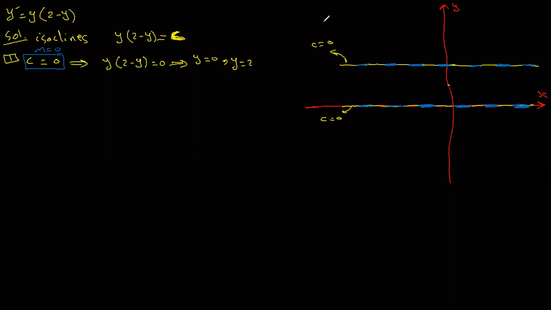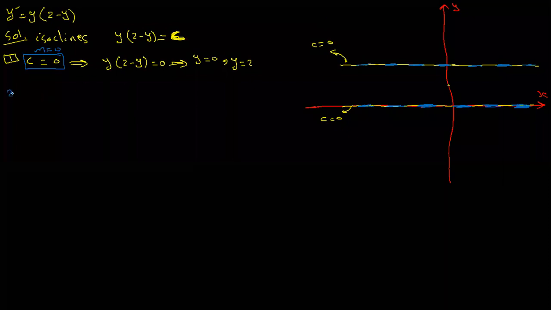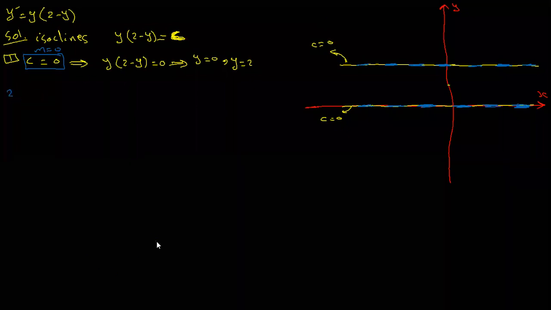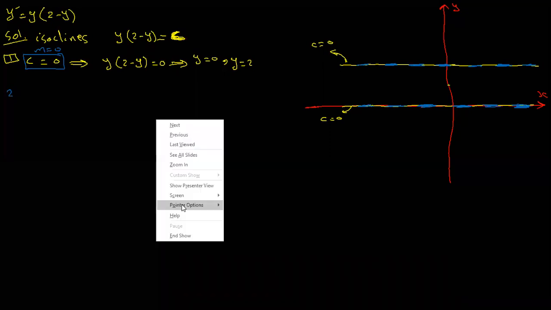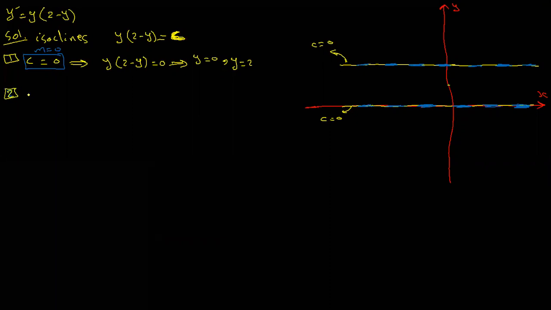Let us continue and choose another C. Let me go to the yellow. Second, my C is 1. That will give me this equation, let me call it star: y times (2 minus y) equals 1.